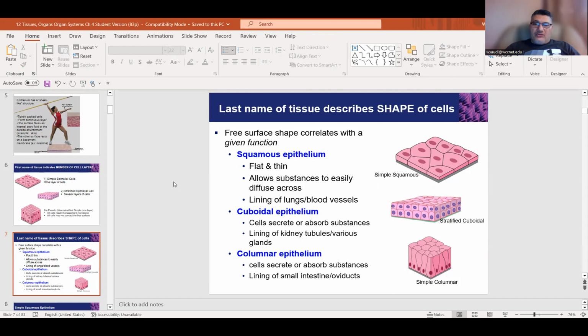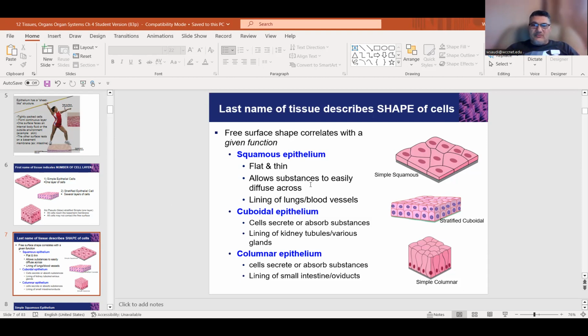What's the function of each one of those? Why do we sometimes have squamous, sometimes cuboidal, and sometimes columnar? Where do we have each one of those? Well, besides looking like something, like flat, cube, column, the other thing is, what is the function? So now we can rationalize each one of those.